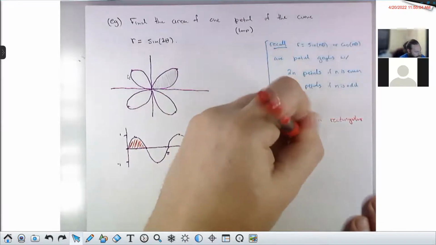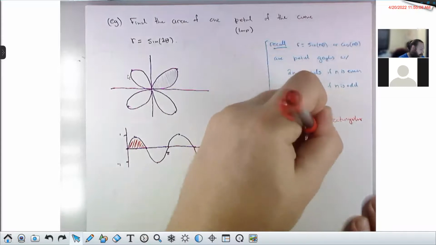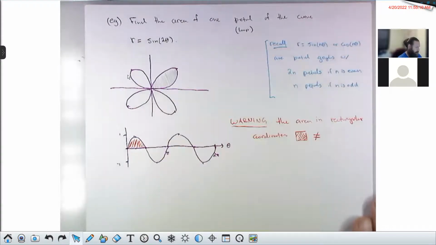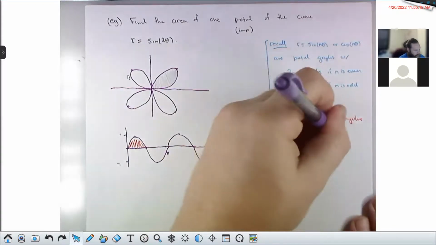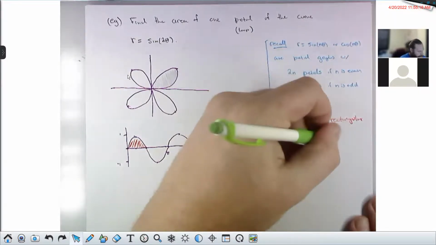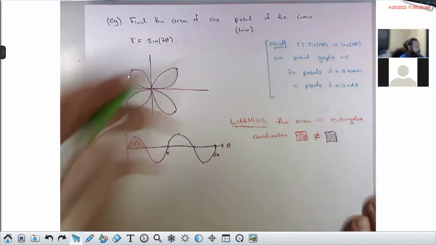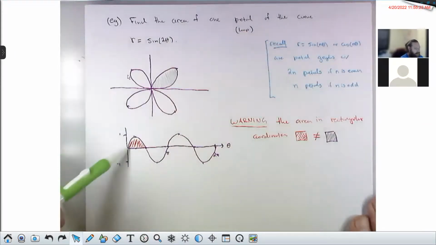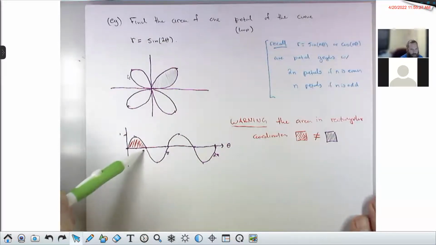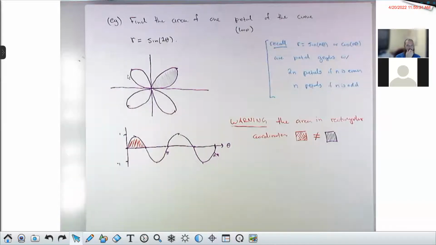So the area in rectangular coordinates, which I've shaded red there, is not equal to the shaded area on the purple graph. It's true that the theta values here from 0 to pi over 2 are the theta values that sweep out this portion of the polar curve.